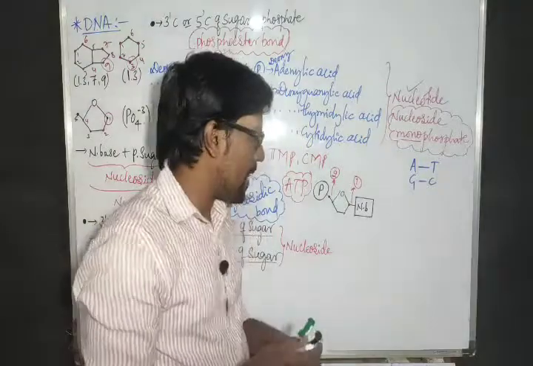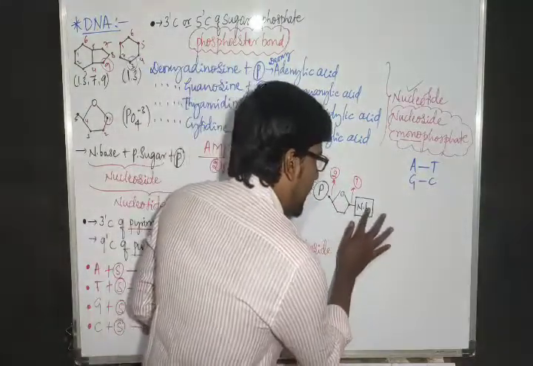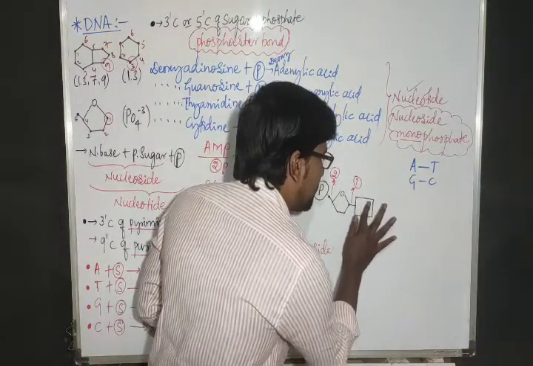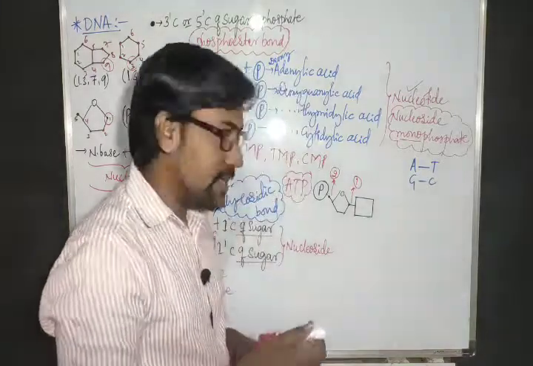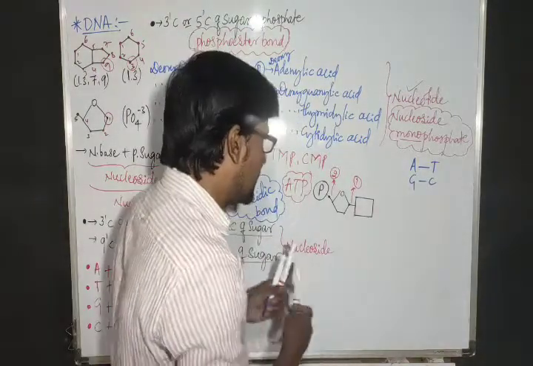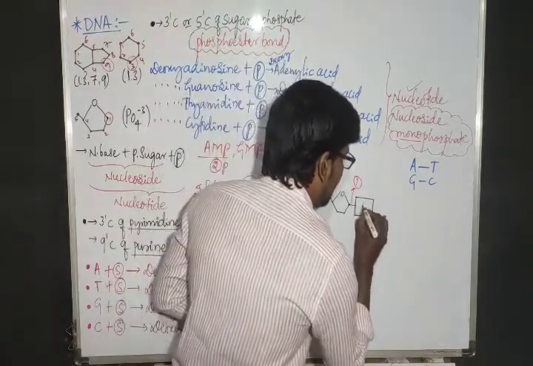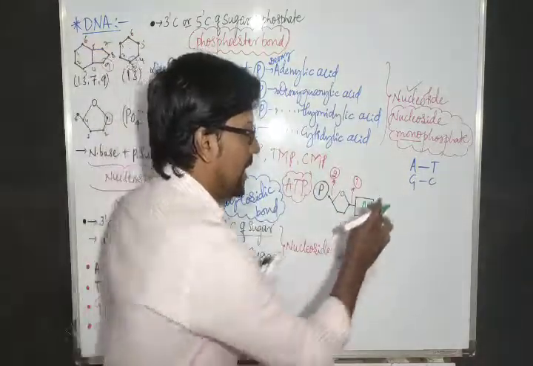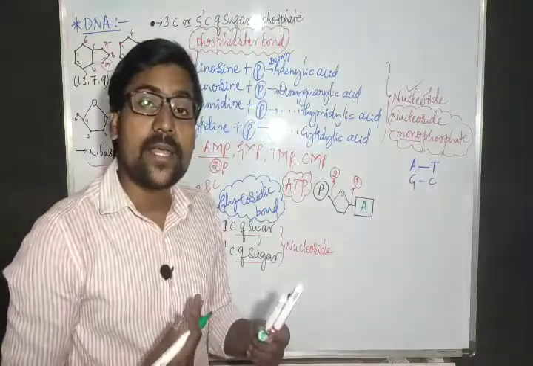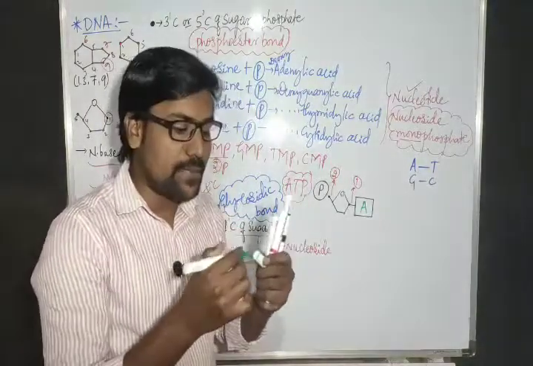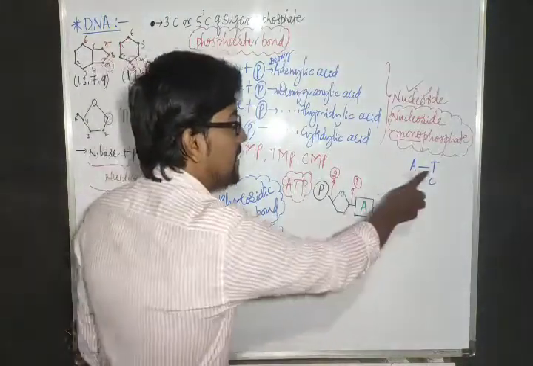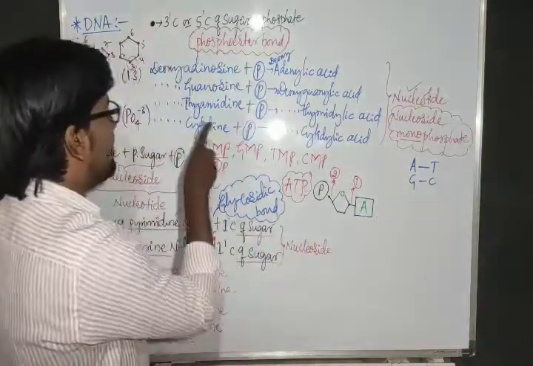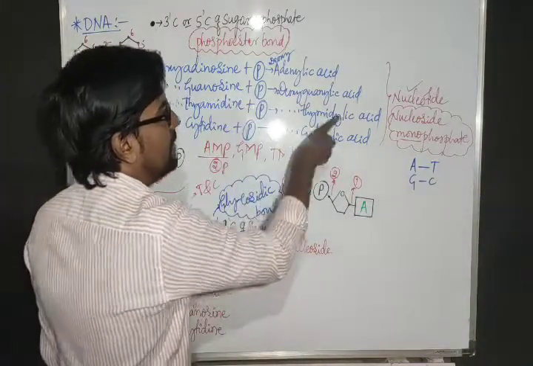Okay, keep this in your mind. Now, I will consider this nitrogen base as adenine. Adenine combines with what? Thymine. It will make one pair with the thymine. So now the thymine is present in what form? Thymine is present in thymidilic acid.